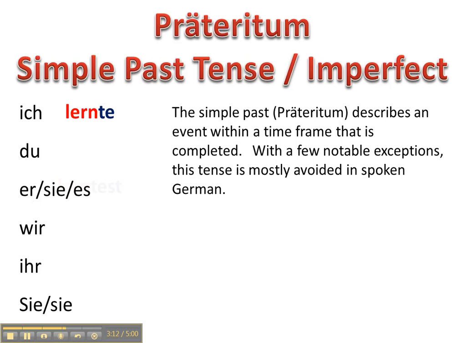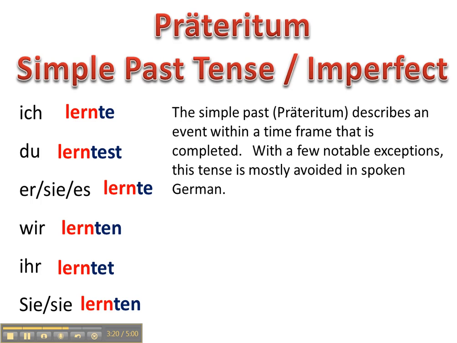Ich lernte, du lerntest, er lernte, wir lernten, ihr lerntet, sie lernten. And here the pattern is te, test, te, ten, tet, ten. So again, te-test-te-ten-tet-ten. And that is just the endings that go onto the root of the verb, and the root of the verb lernen is lern.